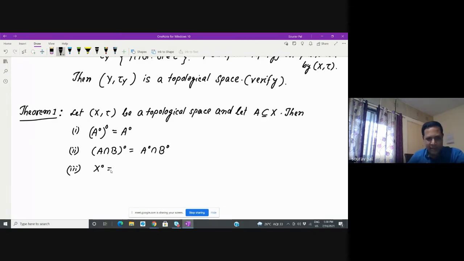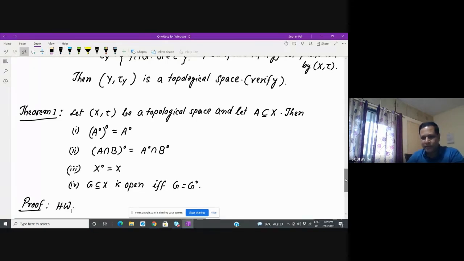Number three, X interior is X. And number four, G subset of X is open if and only if G is equal to its interior. So you just find out a proof. I give it as homework.